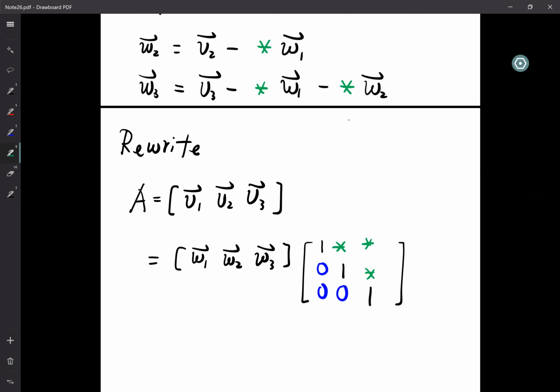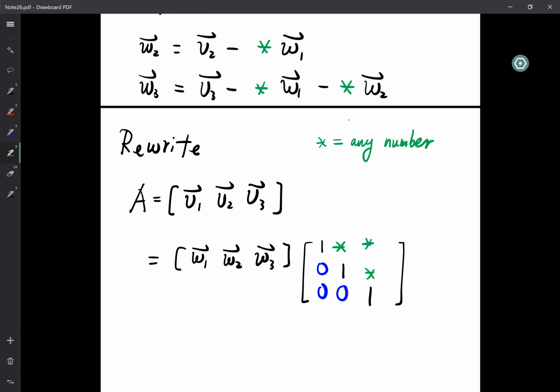Any question? Professor, the stars here can be different from each other, right? Of course, yeah. Just numbers that I don't care about. In the matrix, would the stars be negative since above they're minus star? Yeah, minus star means that when I move to the left-hand side, it becomes a positive star. But even the minus sign doesn't matter.